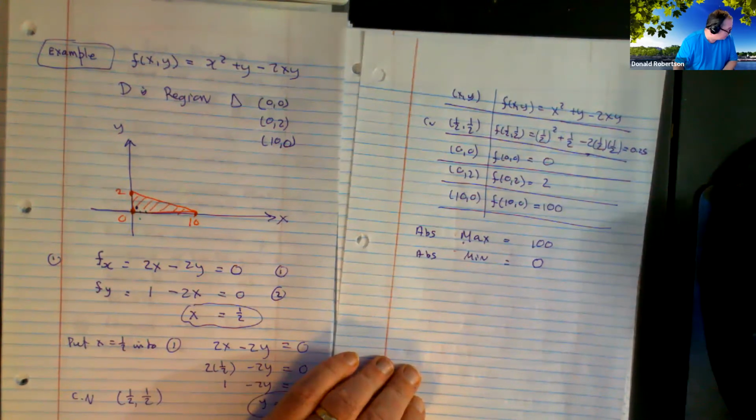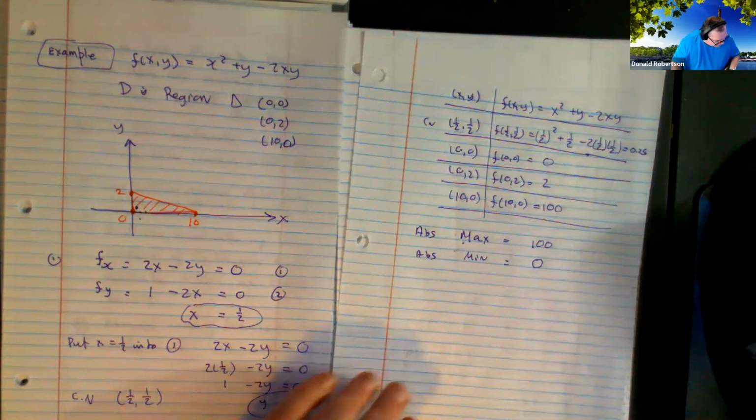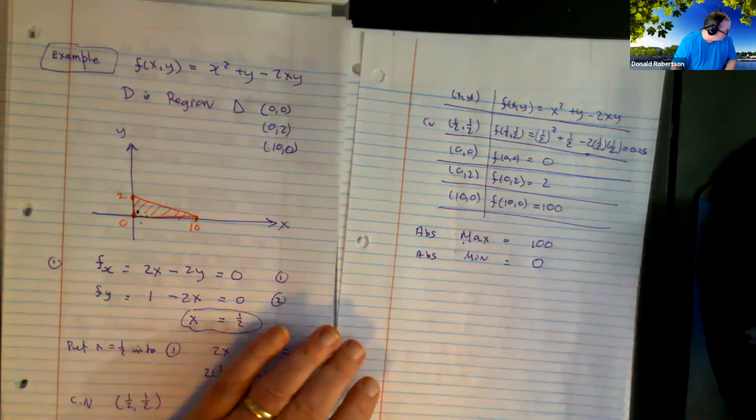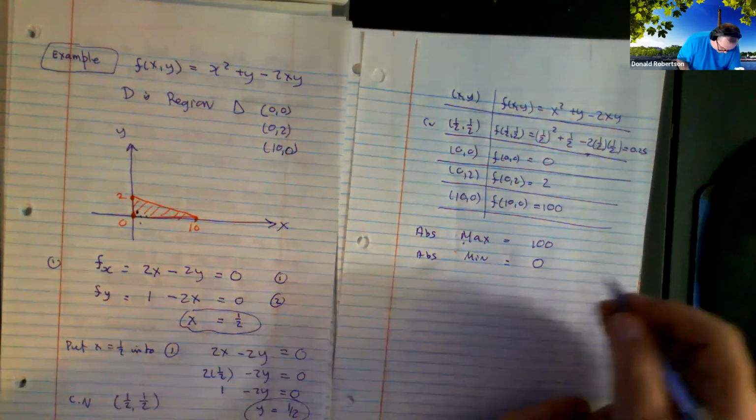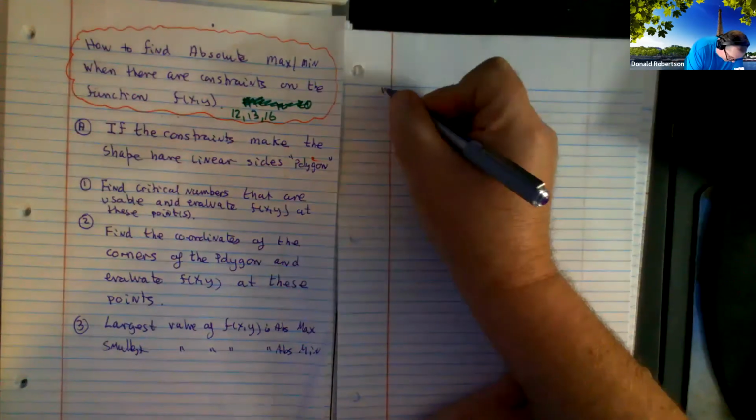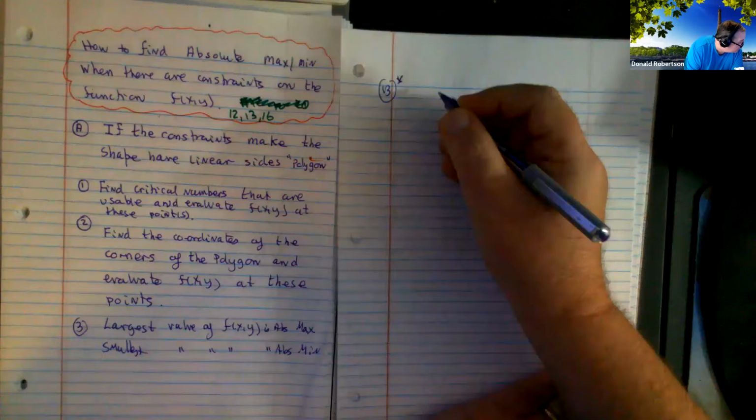Okay, where's 264? Here we are. Max and min, here we go. So 12. Okay, try 13 maybe. Yeah, okay. So this next example is going to be similar to question 13.